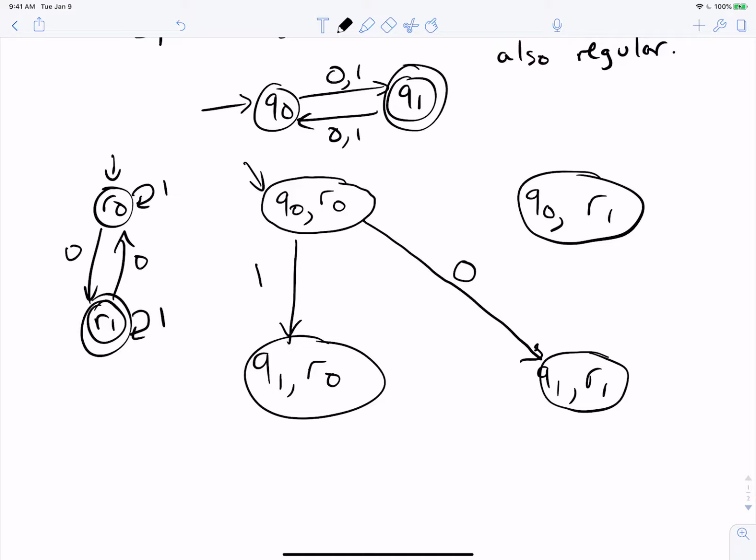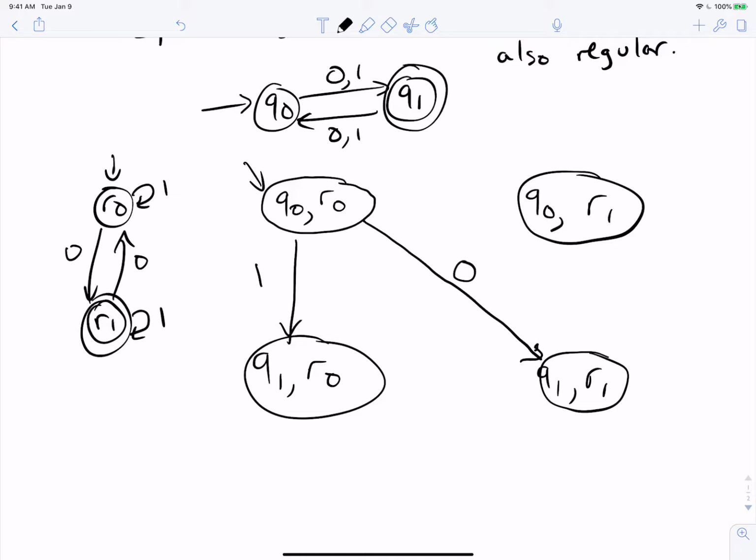Let's do the Q0R1 state in the top right. So where does that go on input 0? Well, again, we have to look at what each of the machines would have done. On input 0 from Q0, where does that take us? It goes to Q1, good.